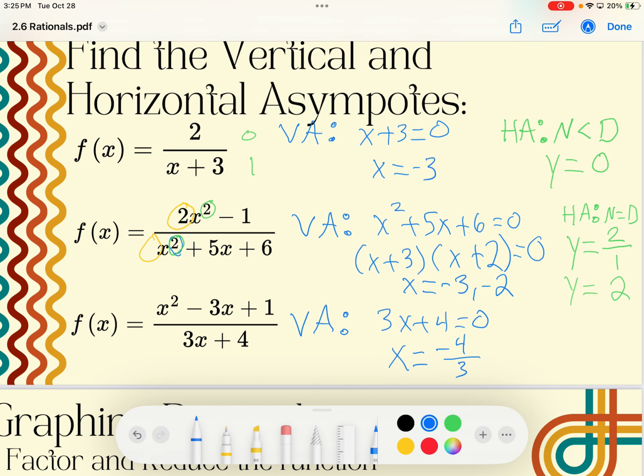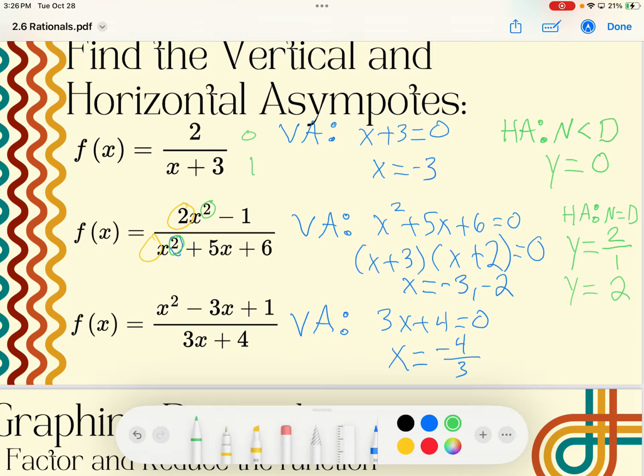It should, right? Notice if I plugged that in, 3 times negative 4/3 would be negative 4. Negative 4 plus 4 does indeed give us 0, so it would make that fraction undefined. So all that means is that this time, instead of the vertical asymptote being at 1 or at 2, it's going to be in between negative 1 and negative 2, which is fine. So we can get fractions sometimes.